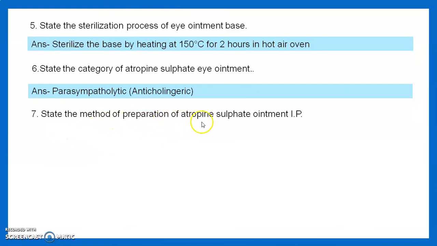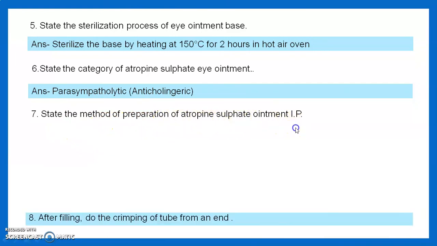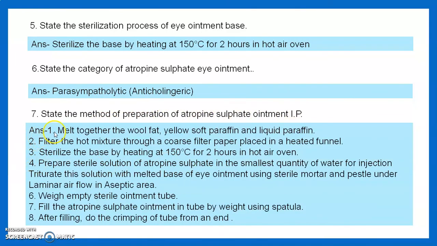State the method of preparation of atropine sulfate ointment IP. This is the general procedure, which we have also seen in this experiment as the stepwise procedure: melt together wool fat, yellow soft paraffin and liquid paraffin, and pass the hot mixture through coarse filter paper placed in a heated funnel.